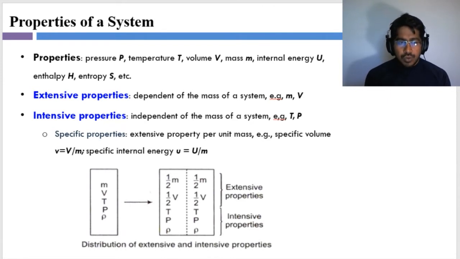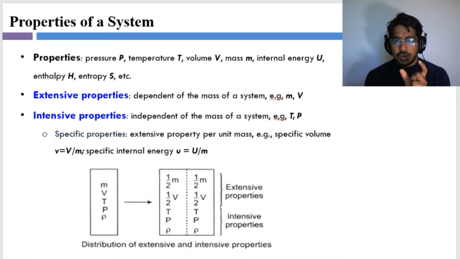So we have different properties. At the same time, we can categorize these properties into two types. The first one is extensive properties. The other one is intensive properties. Let's see what an extensive property is. An extensive property depends on the mass of the system.